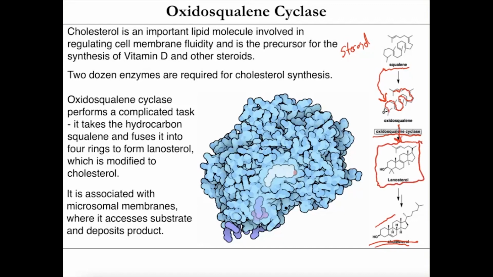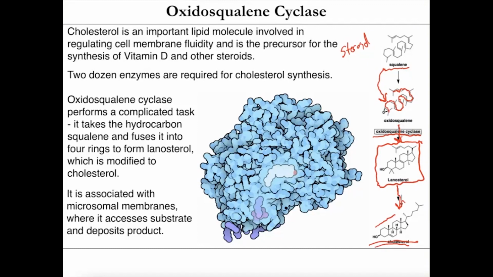So that's a really important reaction for your body. Because this will make the molecule lanosterol, which will then be converted into cholesterol, and then cholesterol will do its job and then also be converted into other things, like vitamin D and other steroids like cortisol, testosterone, estradiol, stuff like that.